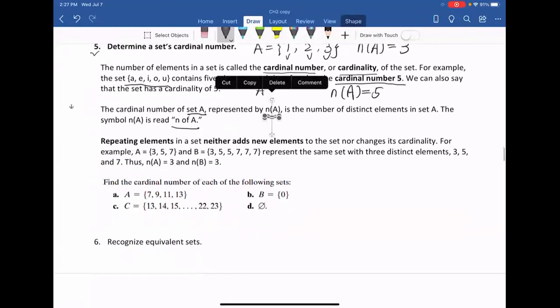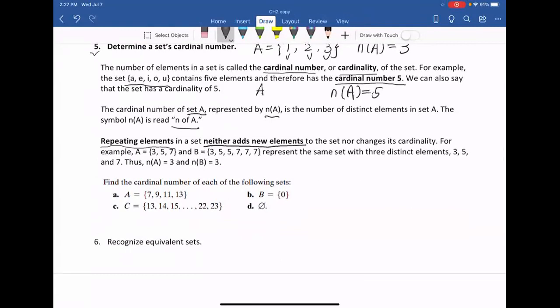Okay. Repeating elements. This part is important because it's tricky when you're doing your assignment. Repeating elements in a set neither adds new elements nor changes its cardinal number.